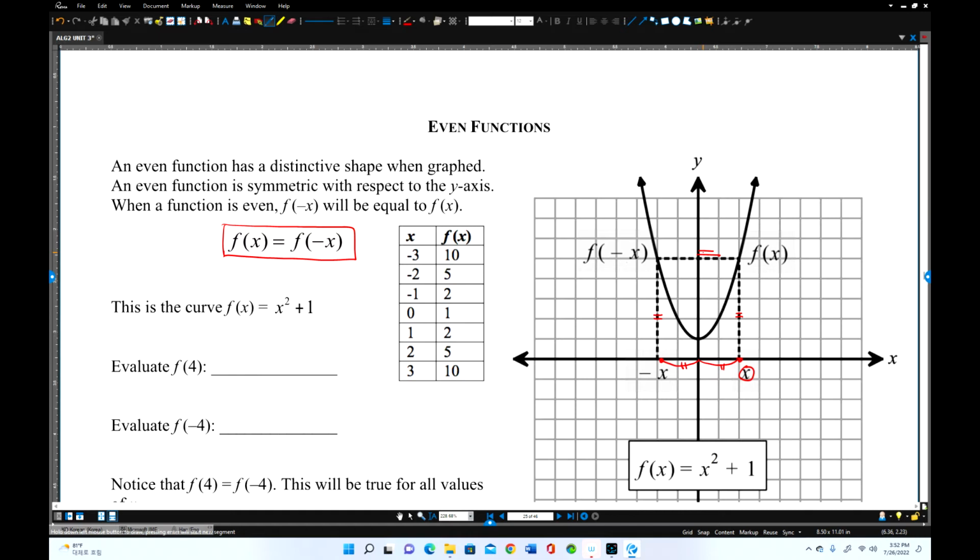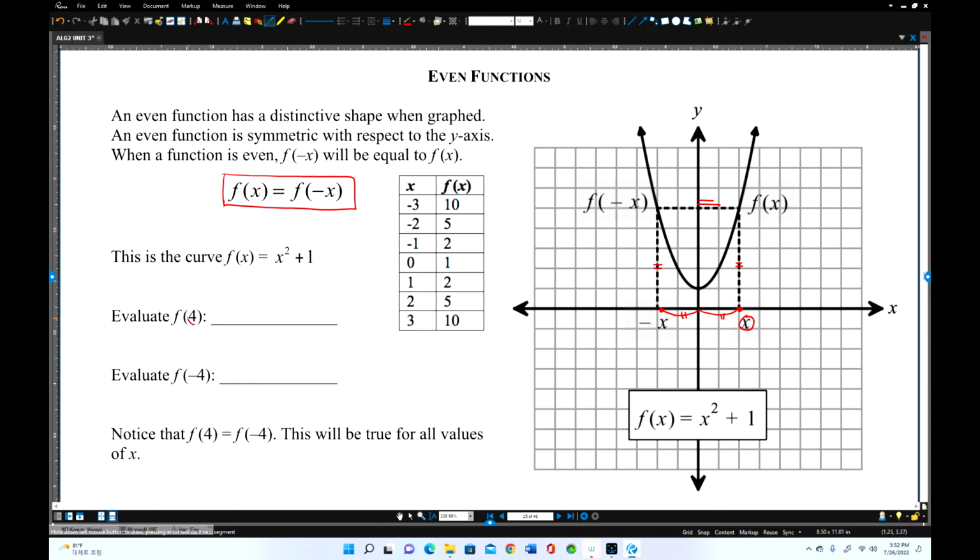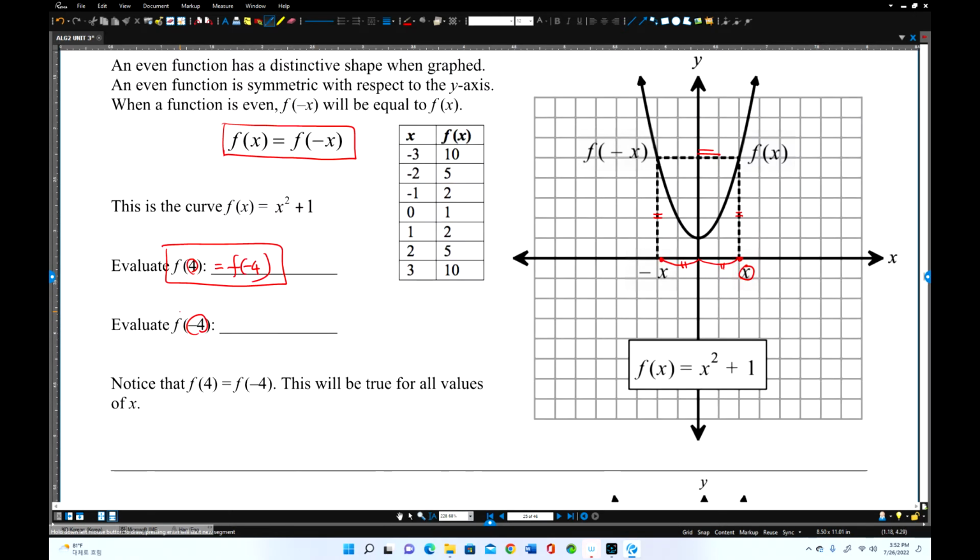If this is satisfied, the graph will be symmetric in the y-axis. That is an even function. For an even function, when you put in 4 and negative 4, they are always equal, because the graph is even, symmetric in the y-axis. And also this one, take a look, x squared. This is the graph of x squared over here.